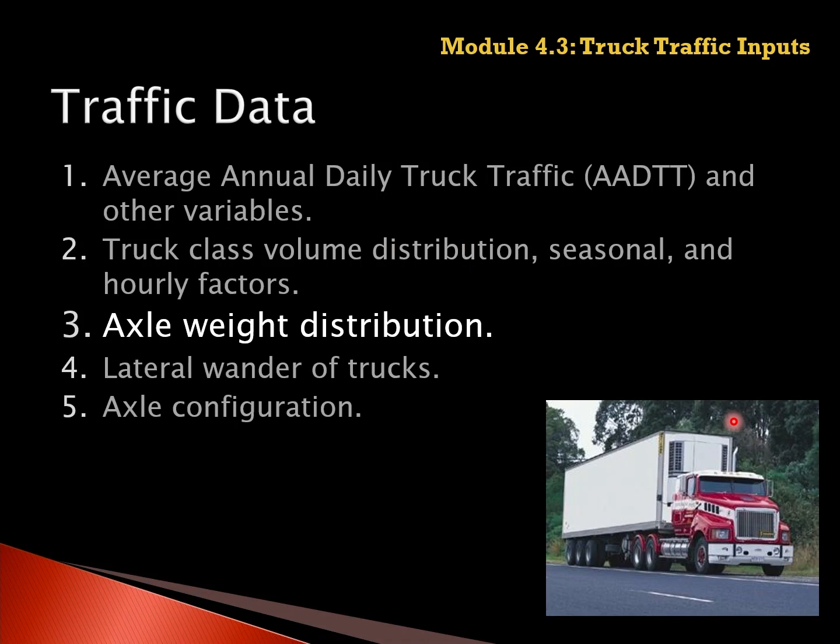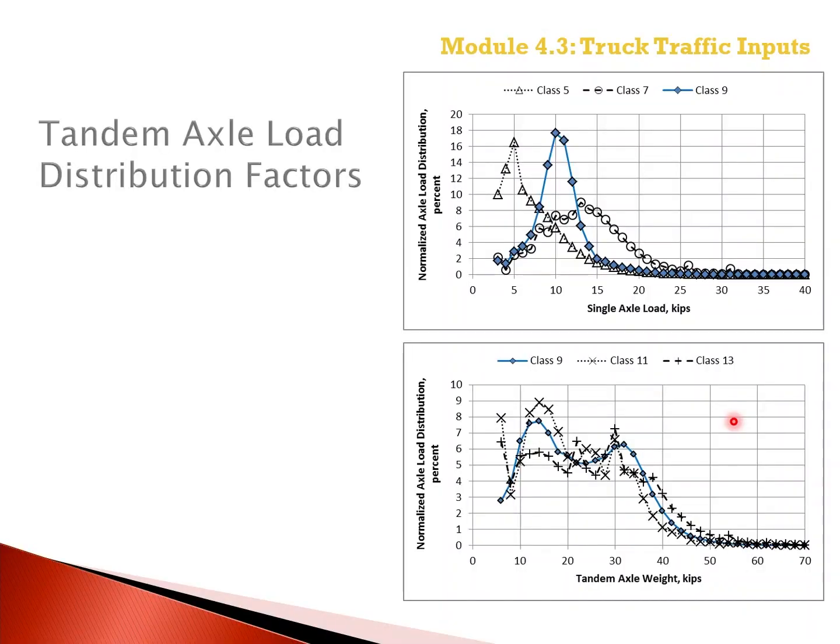Now moving our attention to the actual weight distributions. Actual weights are important in calculating pavement layer responses for pavement design, both for flexible and rigid pavement design, and determining whether a design strategy is acceptable for the traffic conditions along the roadway.